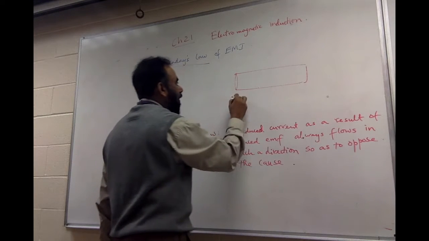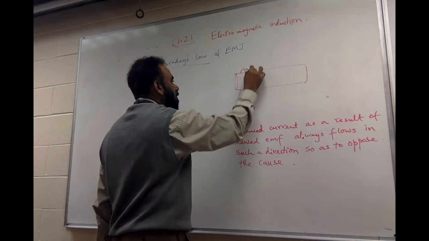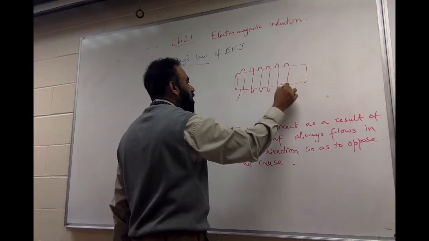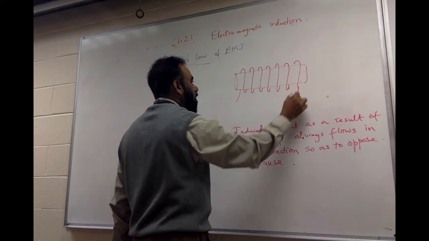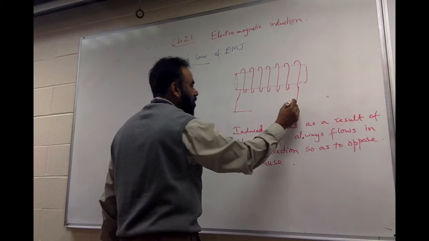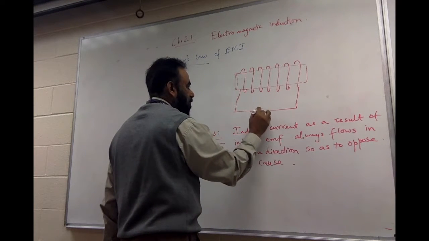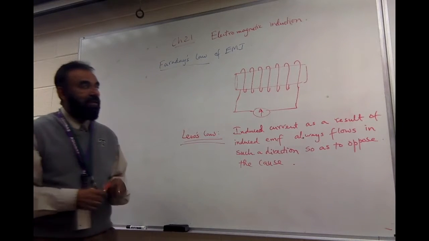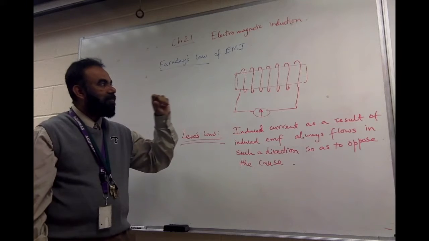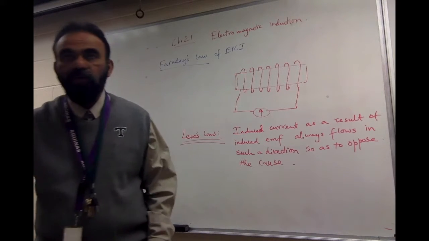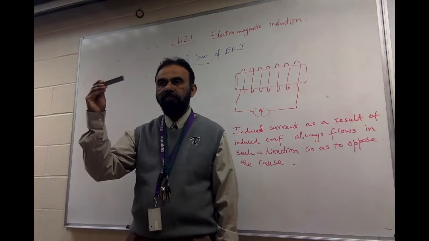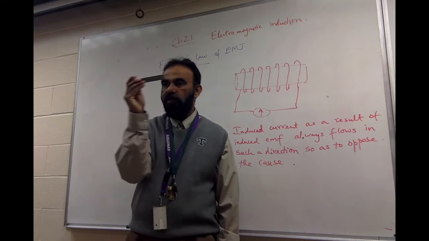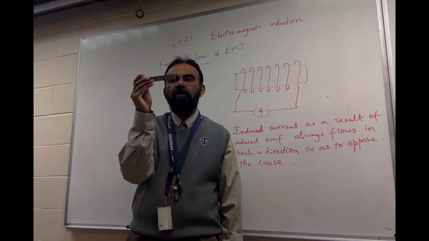Now this is a coil, looks like a solenoid. That's a coil, and that's a galvanometer. Now pay attention. This is a magnet, right? If I have to move this magnet from here to here, do I have to do work?